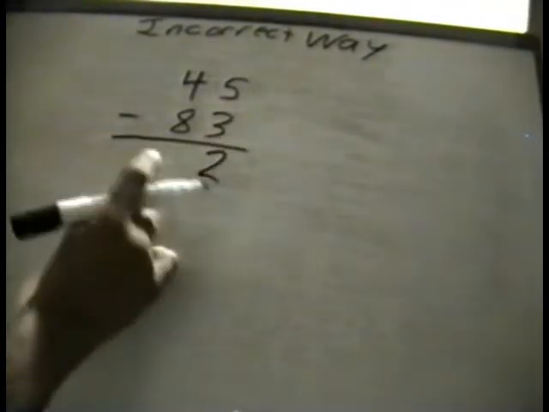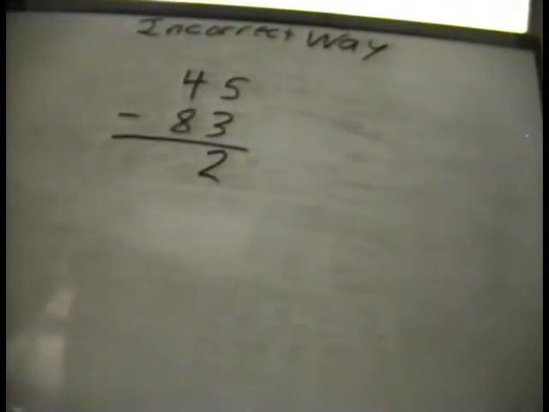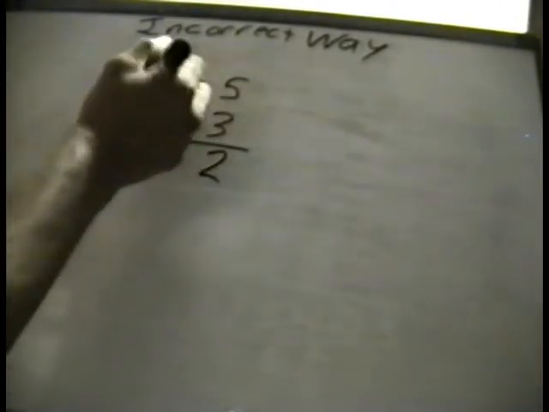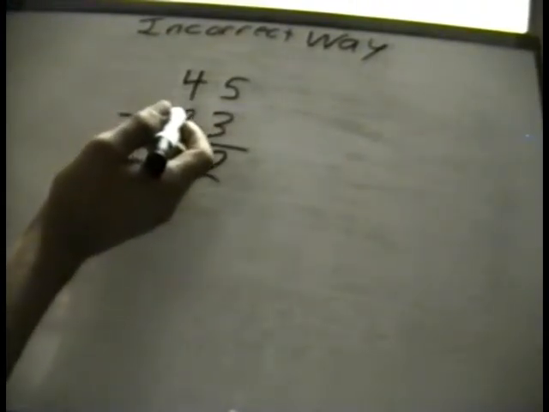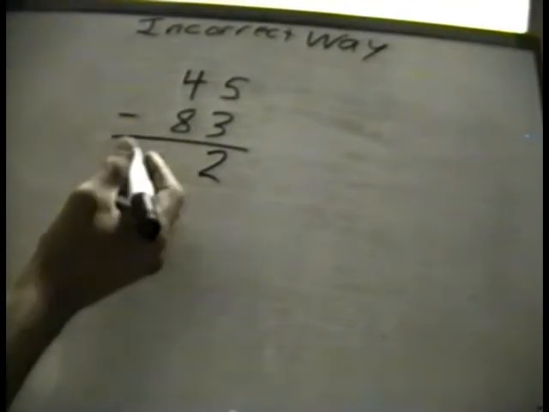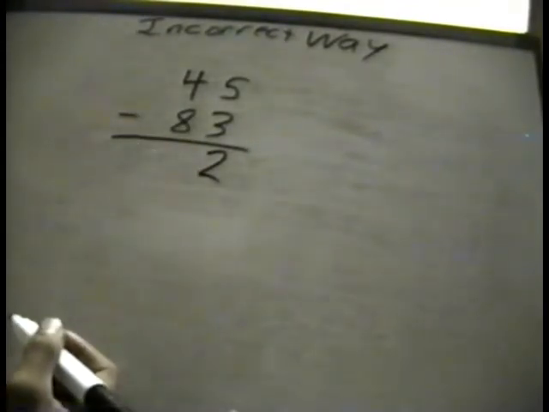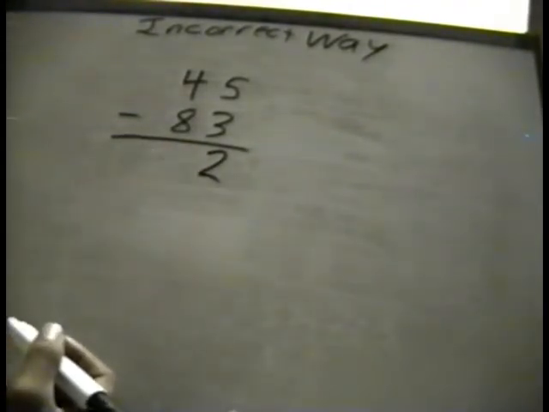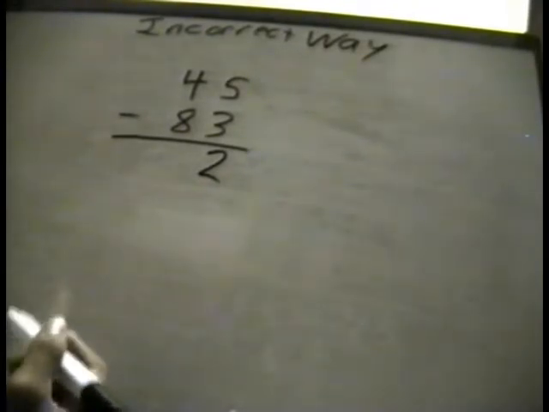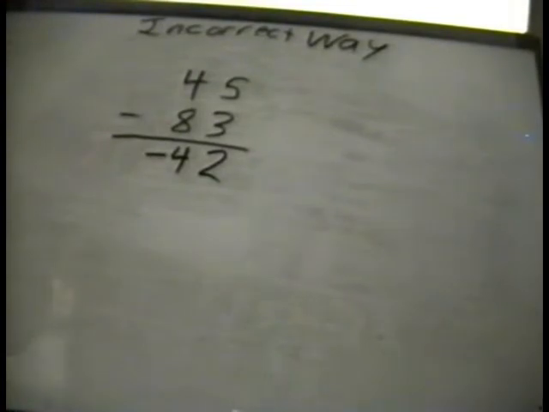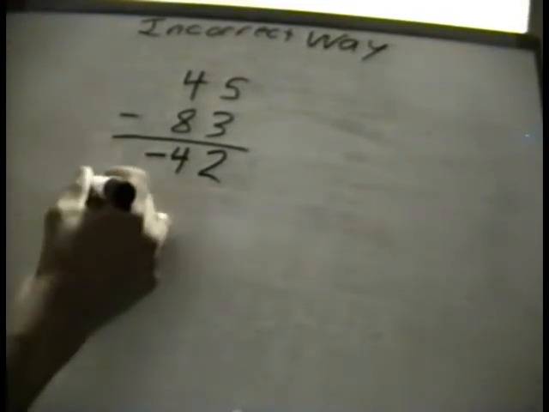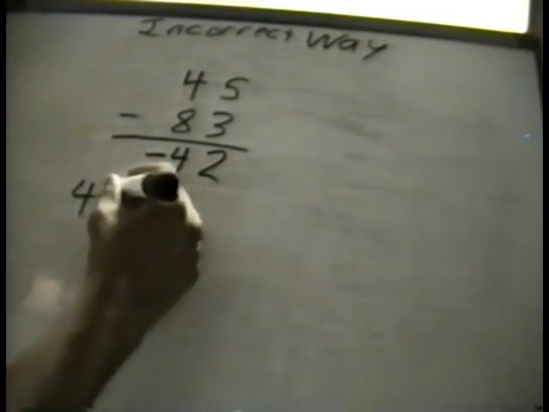So 3 from 5, you get 2, and then 8 from 4. See? Now there's nothing to borrow from for me to subtract from 4. But we know that 4 minus 8 is negative 4. So what if we put that down there? We got negative 4, negative 42.